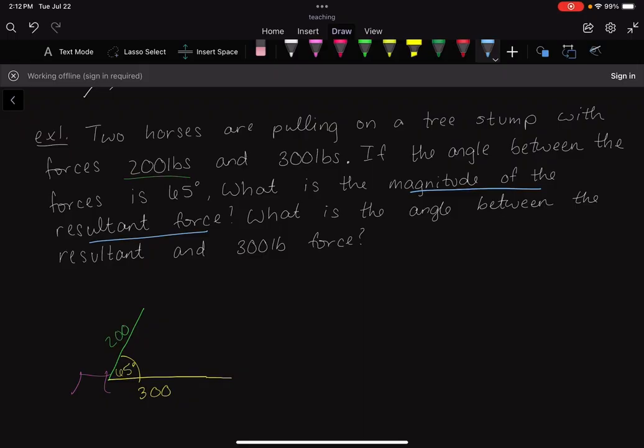It's going to go somewhere off to the middle, probably a little closer to the stronger force, something like this. I'm going to call this R. This is my resultant force. And then I'm also looking for the angle between the resultant force and the 300-pound force. So I'm going to go ahead and label that theta.